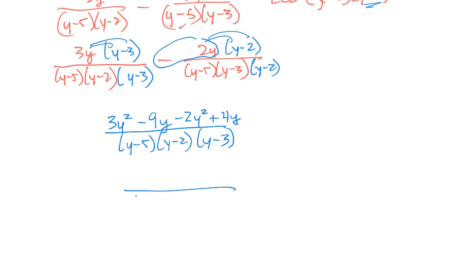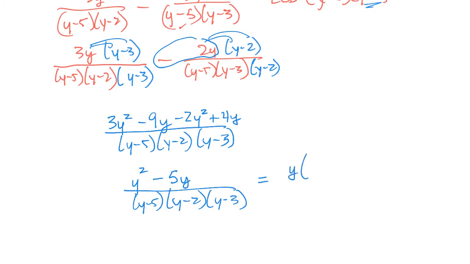So now let's collect like terms on the top, leaving the common denominator on the bottom. So it'll be 3y squared minus 2y squared would be 1y squared. And minus 9y plus 4y would be a minus 5y. Now here's a good example of where you need to keep going. That top one, you could now actually factor it.